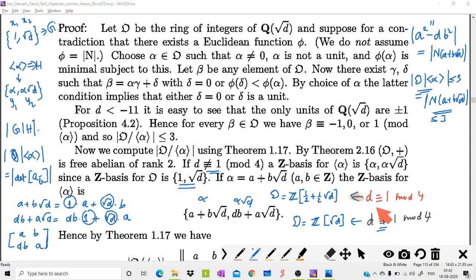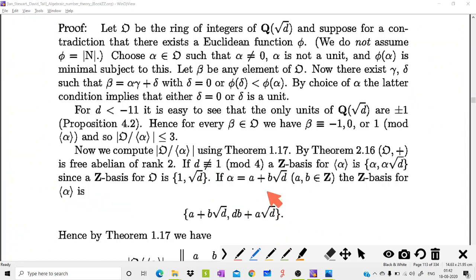In the case when d is congruent to 1 mod 4, we need to construct a basis for the ideal generated by alpha using the basis of O. We have O as Z of 1 plus 1 by 2 plus 1 by 2 root d.